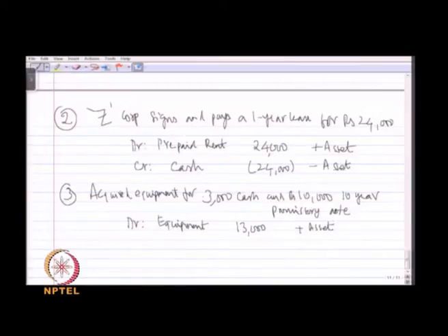Now, there will be more than one credit entry. The first one is cash. How much? We paid 3,000. And the other credit entry could be split into two forms, one non-current and the other current liability.